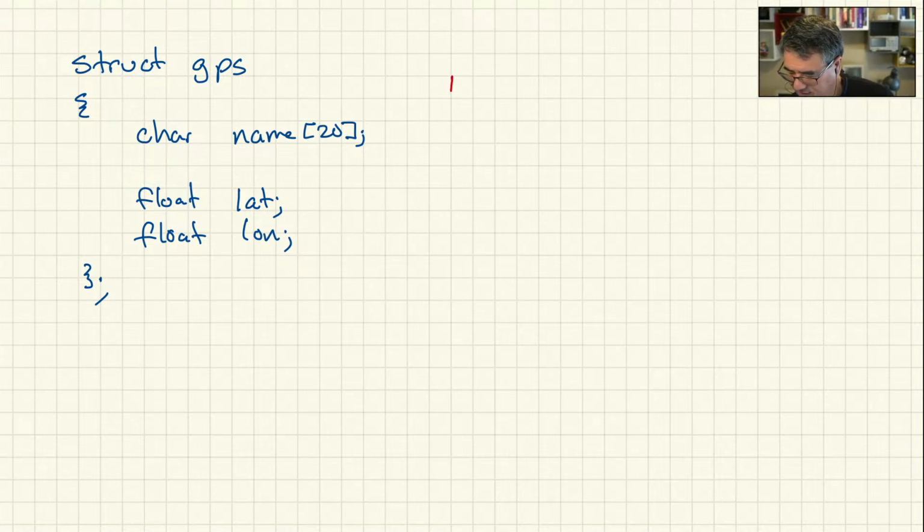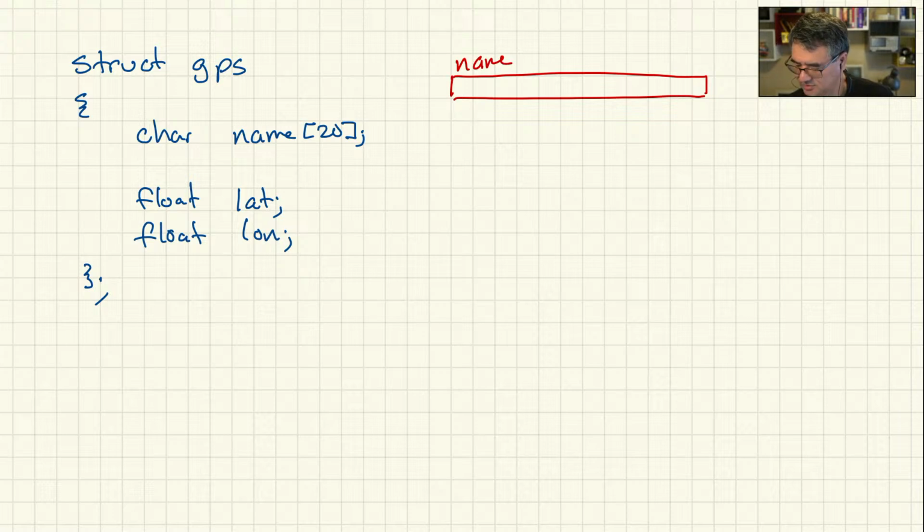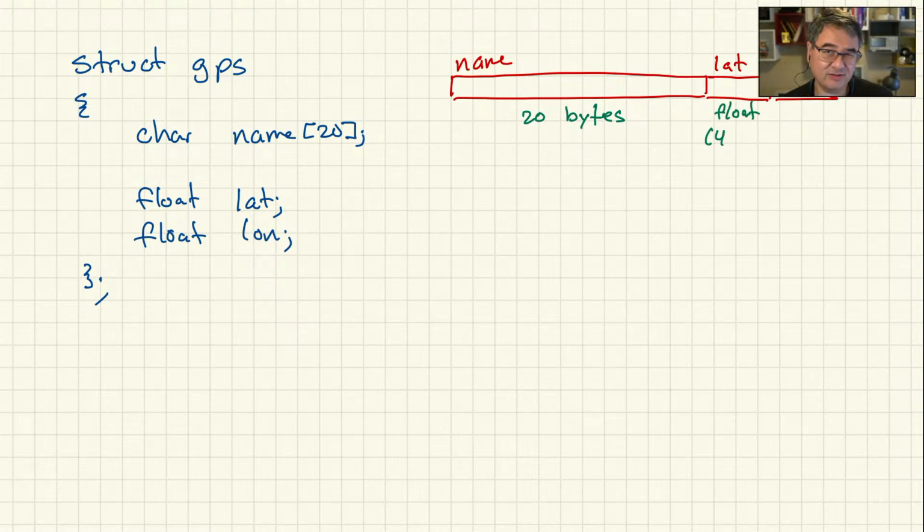So this is going to get laid out with, most likely, the name, an array with 20 bytes, 20 characters. And then behind it is going to sit the latitude, and behind that the longitude. And this is a float, which is likely to be, I think, 4 bytes. And this is also a float.